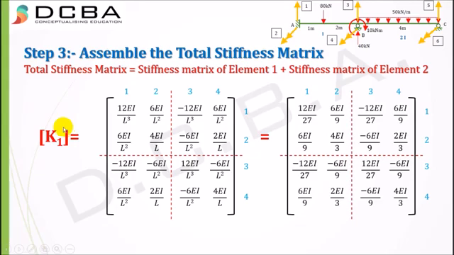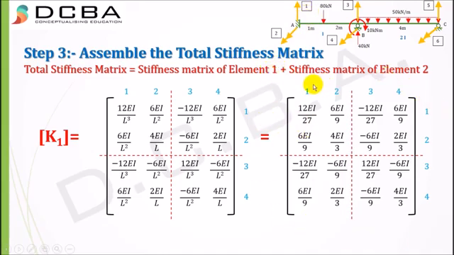Once you have finished constructing the stiffness matrix for element 1, I suggest you also write these numbers: 1, 2, 3, 4 on the rows and columns. How did these numbers come? These are basically the force numbers, 1, 2, 3, 4. So for element 1, these are the forces that we are considering, in ascending order: 1, 2, 3, 4.